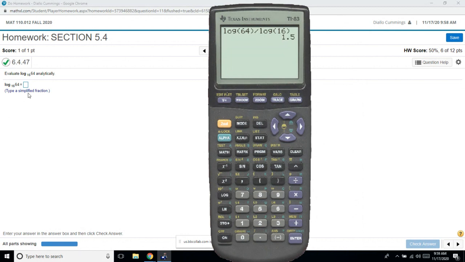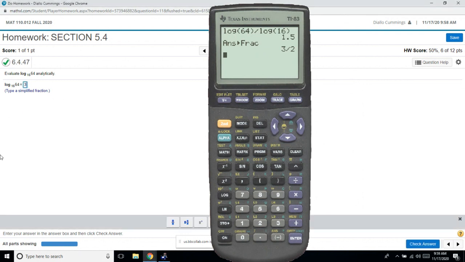It wants me to put this in as a simplified fraction, but notice the calculator gives me a decimal of 1.5. In order to convert this to a fraction, I'm going to press math. And the very first option is the command to take what it's given and convert it to a fraction, which is what I want. So I'm going to hit enter. I'm going to hit enter again, and we get 3/2.